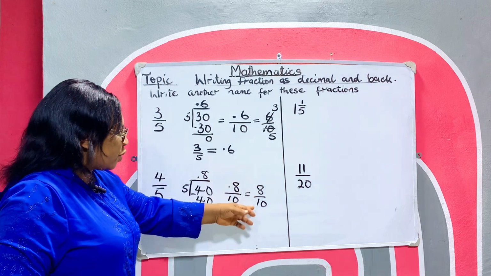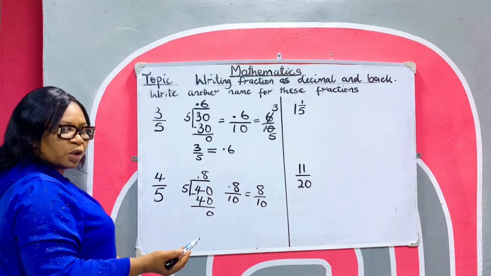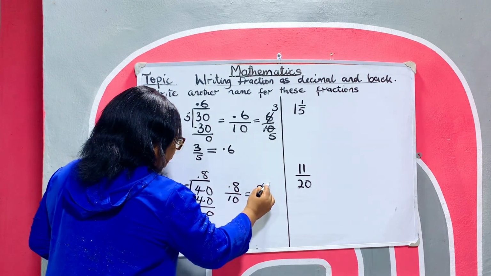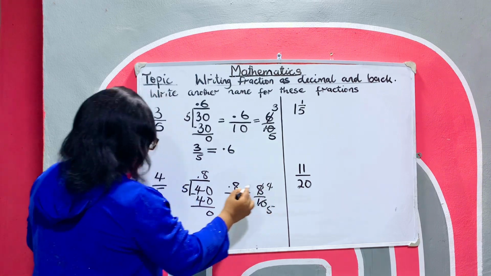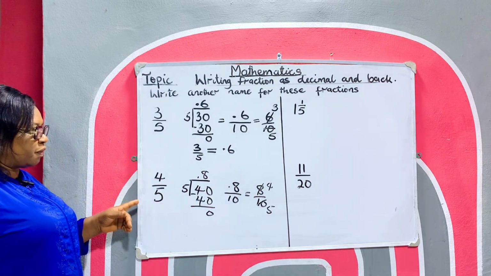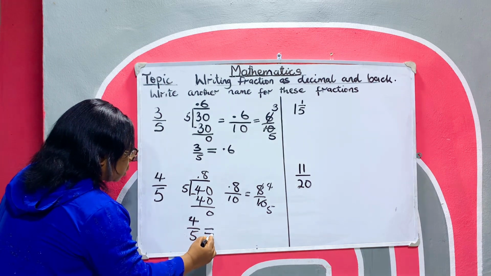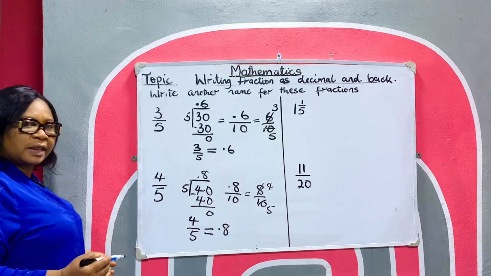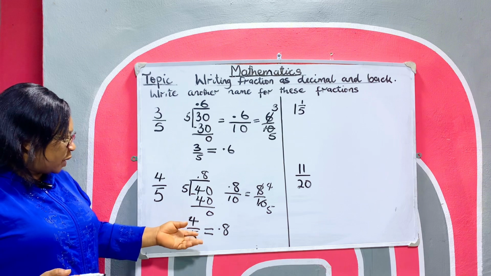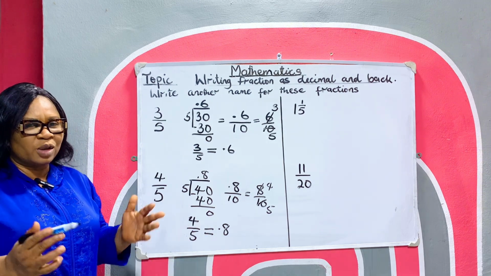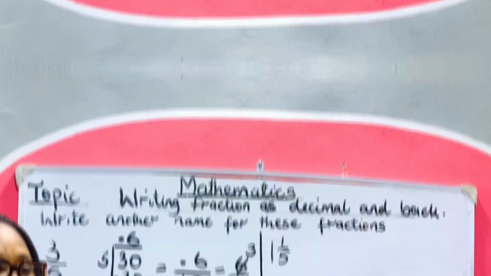We look for what to divide up and divide down. So what to divide? 2. 2 divide here will give you 4. 2 divide here will give you 5. See, it is back to 4/5. So 4/5 is equal to 0.8. So 0.8 and 4/5 are just the same thing.